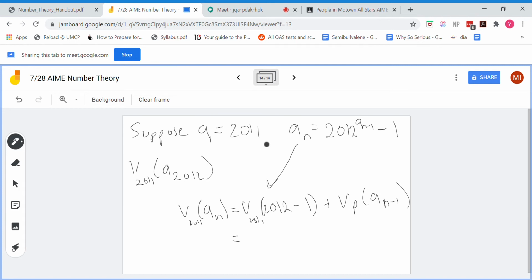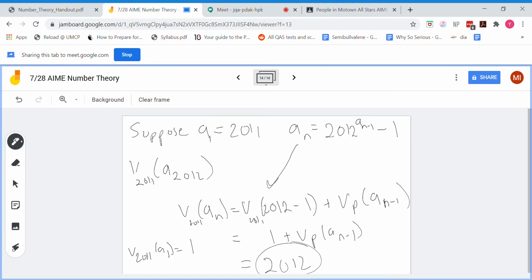So this equals to, 1 plus VP of AN minus 1. So that means that V 2011 of A2012 is going to just equal to, so V 2011 of A1 equals to 1, and then you're just going to keep adding 1, so our answer is 2012.